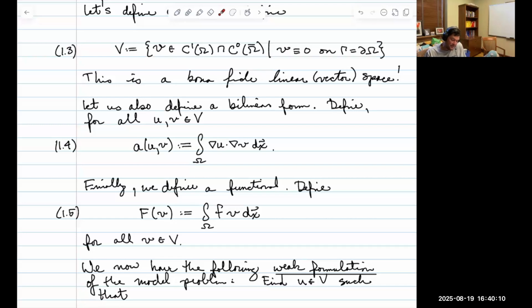It's going to be a function of two functions, which should remind you of something that we call an inner product. To compute this, we're going to integrate those two functions, and in fact, not the functions themselves, but their gradients. So take the gradient of u and take the gradient of v, dot that together. That gives you a scalar function, and then integrate that, and that gives you a number.